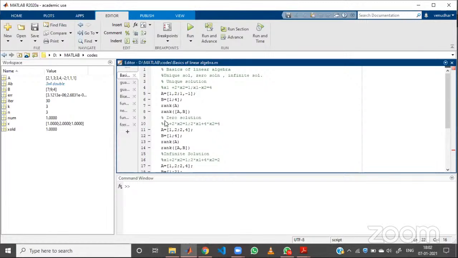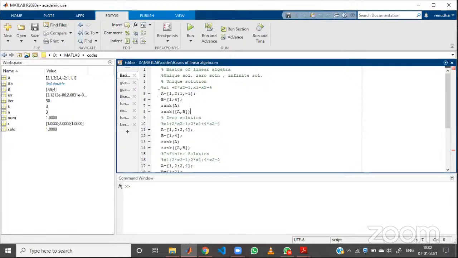So how do we solve this in MATLAB? We can have the A matrix as 1 comma 2 semicolon 1 comma minus 1, and the B matrix as 1 comma 4. This we already know. A holds the coefficients of the linear equations in x1 and x2, and B holds the constants on the other side.